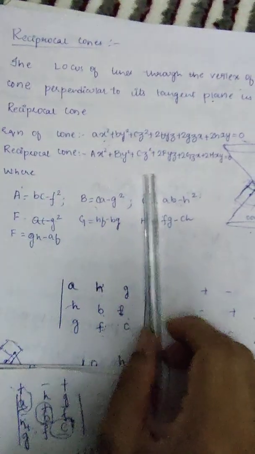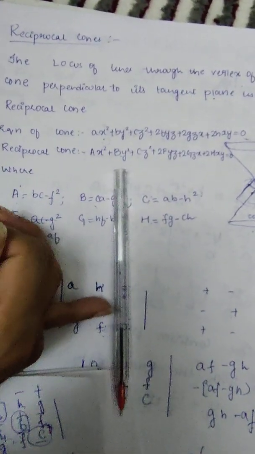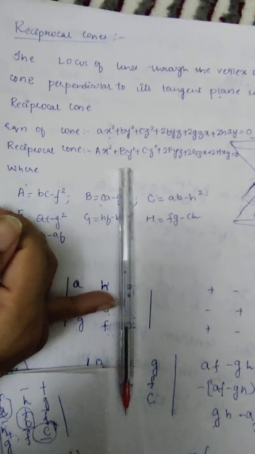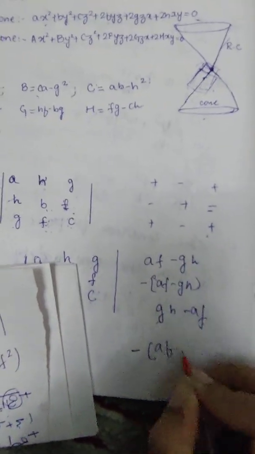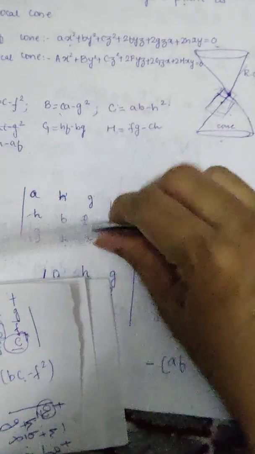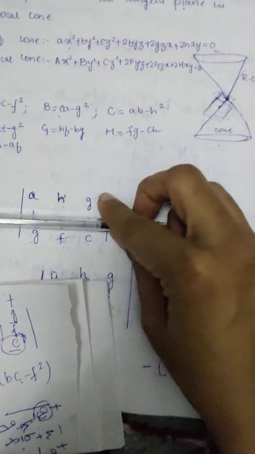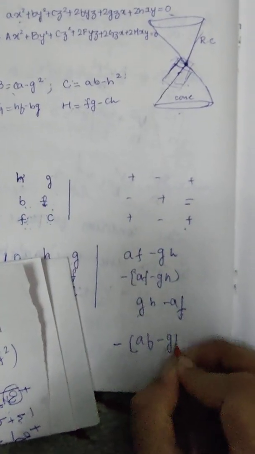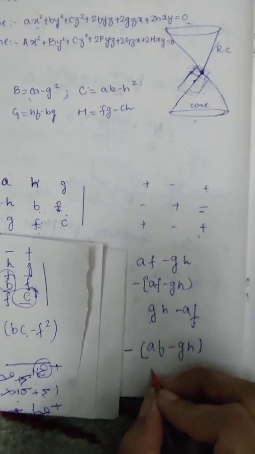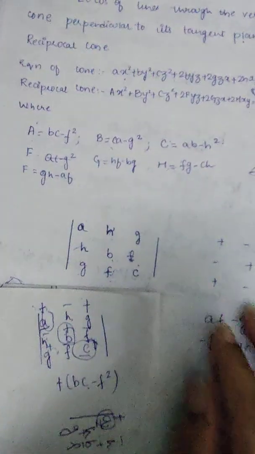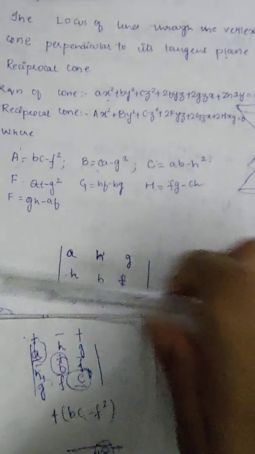So it's going to become AF minus GH. So write down minus of AF minus GH. Because the sign above it was minus, I'm going to multiply with the minus, it's going to become GH minus AF.